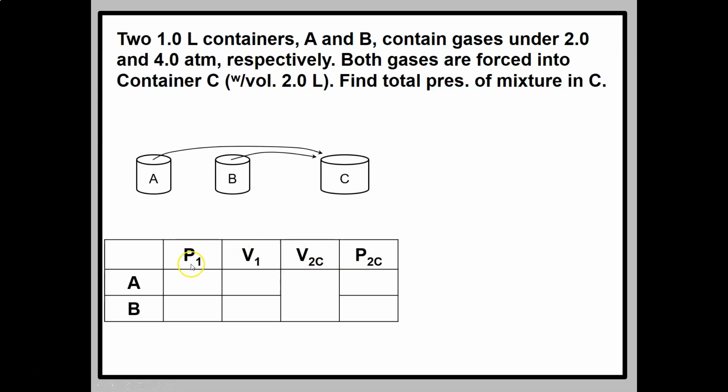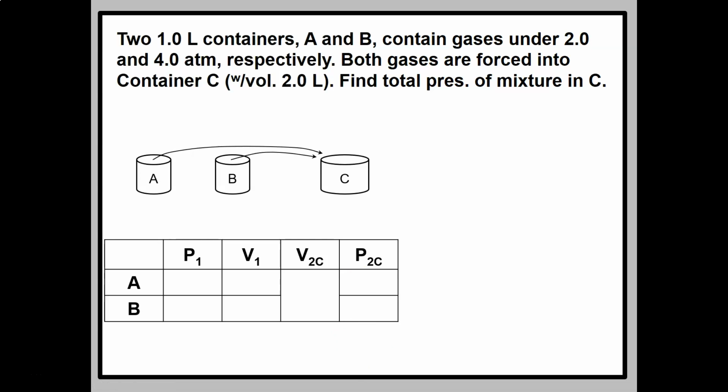The problem is that we have P1A and P1B, V1A, V1B. By the time we're done, we just have one volume, right? But we have two partial pressures, don't we? Okay. If we add up our partial pressures, we'll get our total pressure down here at the end.